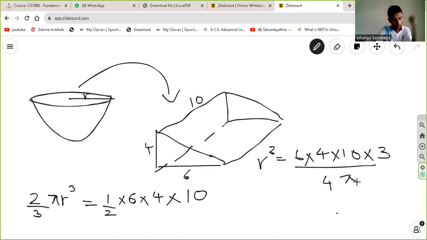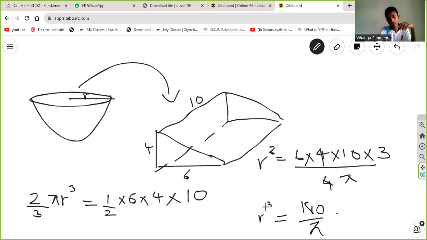The pi cancels. Then 60 into 3 is 180 over pi. It equals R to the power 3. Then how can we make R the subject?